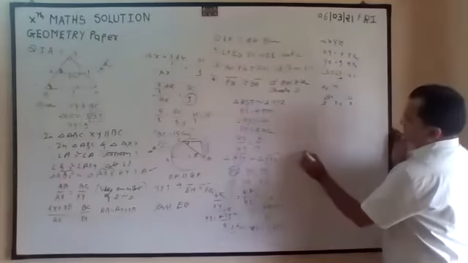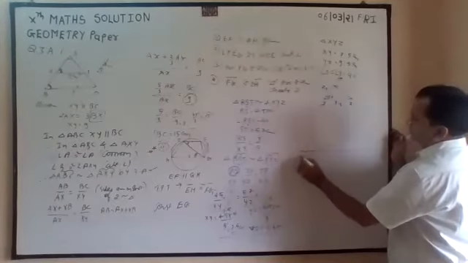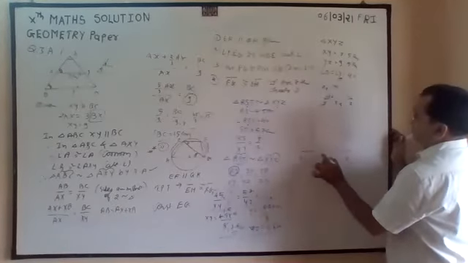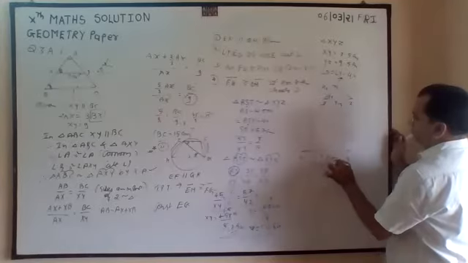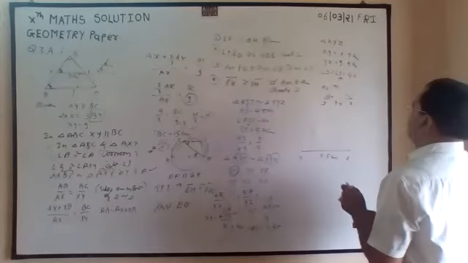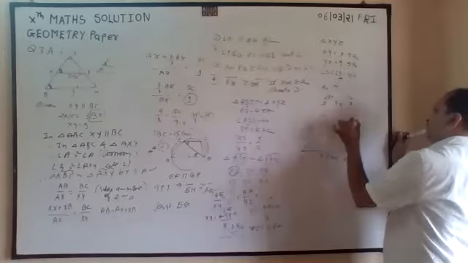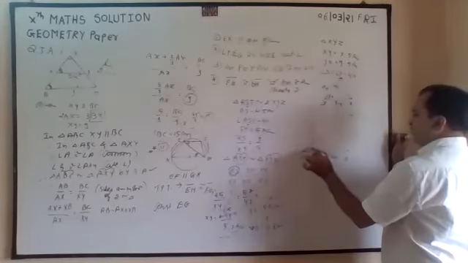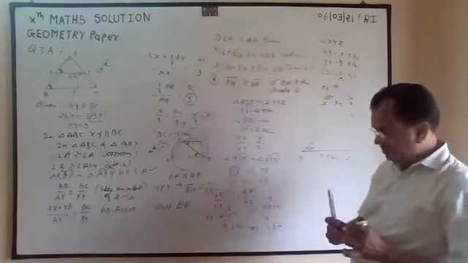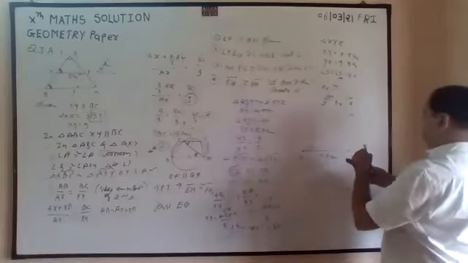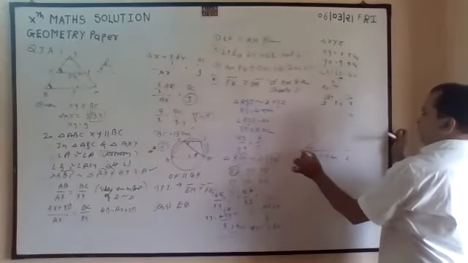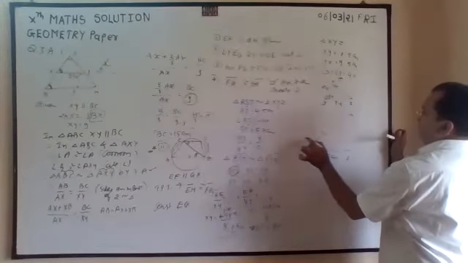So take YZ as 9.5 centimeters. Then at Y take a 40 degree angle, and from Y cut 7.5 along it.